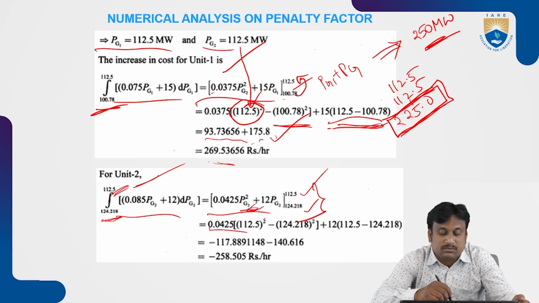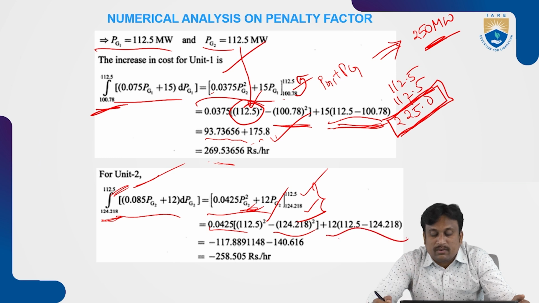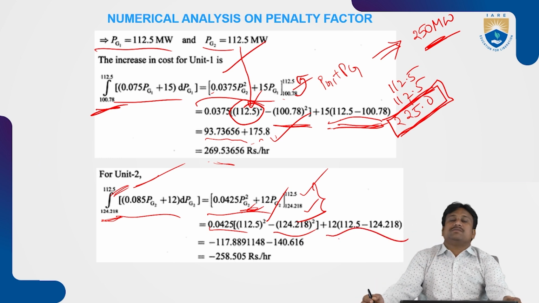Substituting, it is 0.0425 times 112.5 squared minus 124.218 squared, plus 12 into 112.5 minus 124.218.